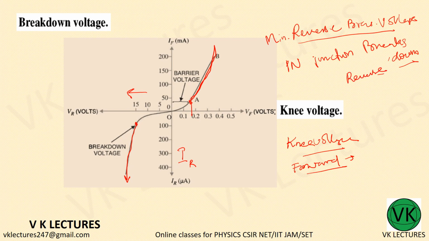In the reverse region, the point where the current starts increasing in the reverse direction is called breakdown voltage.